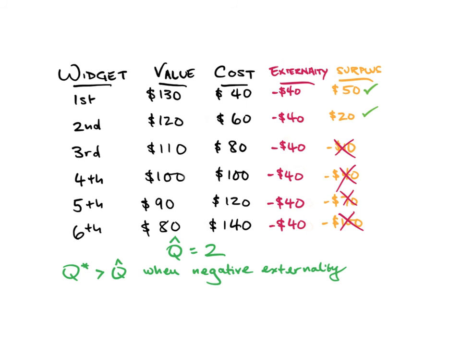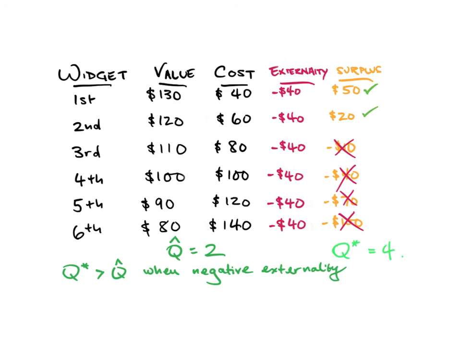All the people involved in the market are happy with that outcome. But again, it's causing damage to other people. So the market outcome remains, just to be clear, Q star is 4. If we let the free market do its thing, it would produce 4 widgets.